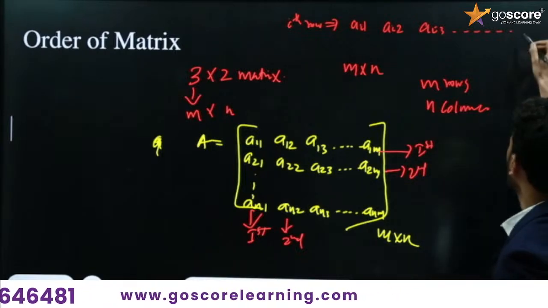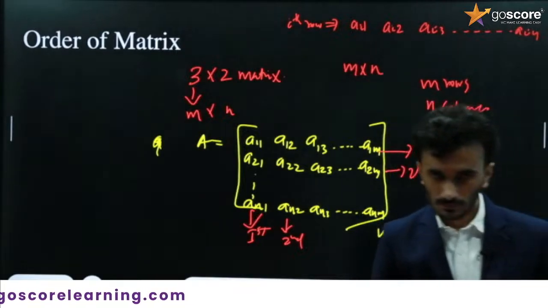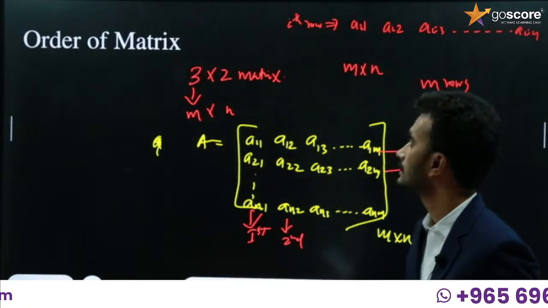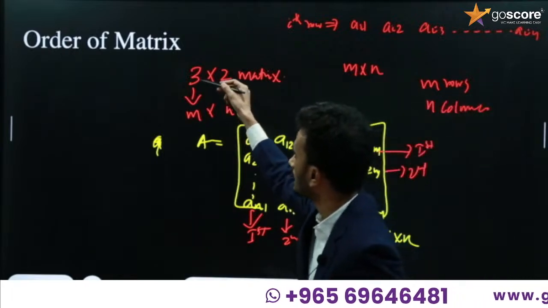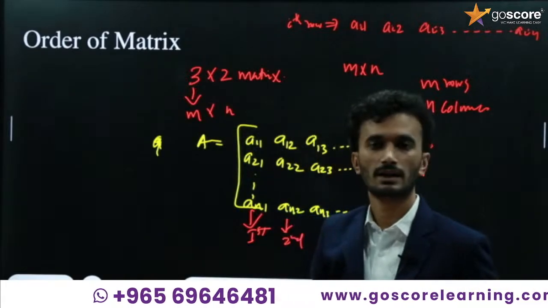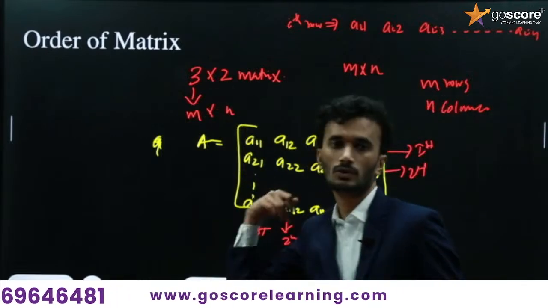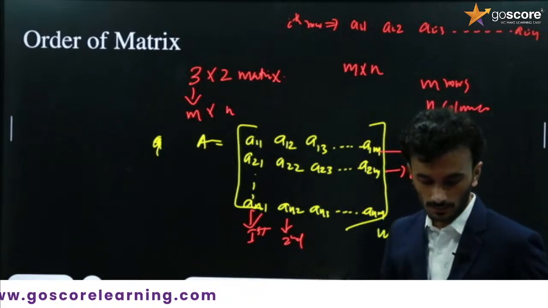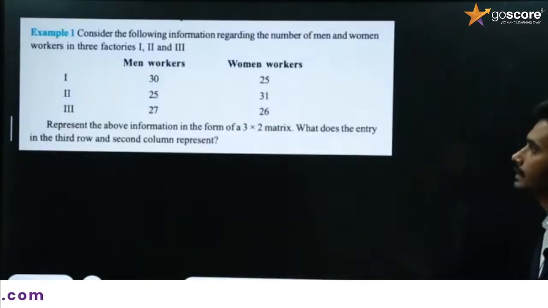The last element is Ain. So in an m by n matrix, or in a 3 by 2 matrix, how many rows? There are 3 rows and 2 columns. So in an m by n matrix, m rows and n columns. This is about the order of a matrix.